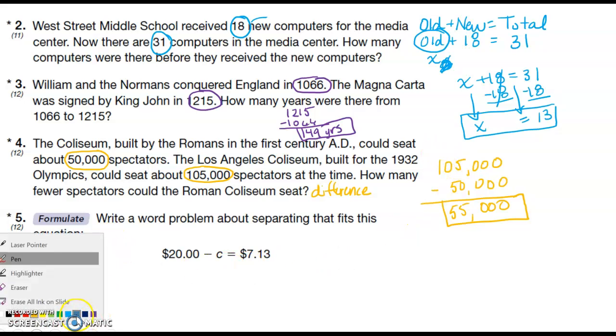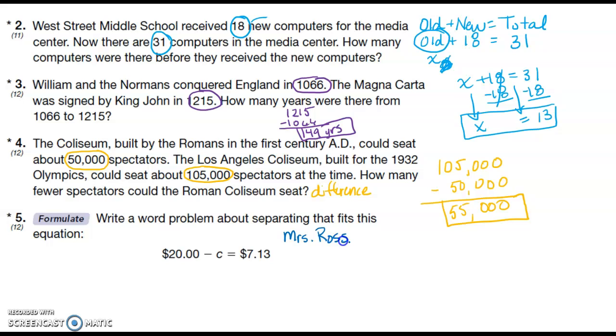Okay, change colors. Write a word problem about separating that fits this equation. $20 minus something is equal to $17.13. Let's see. Let's say that Mrs. Ross goes to Office Depot. That should probably be capitalized. For supplies.